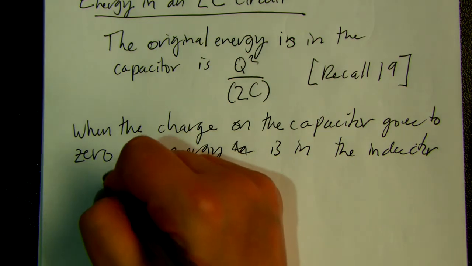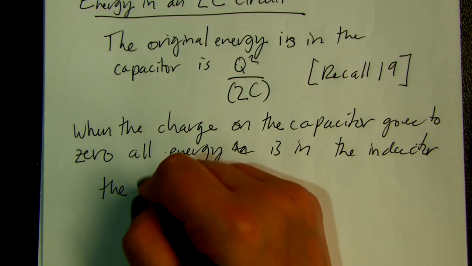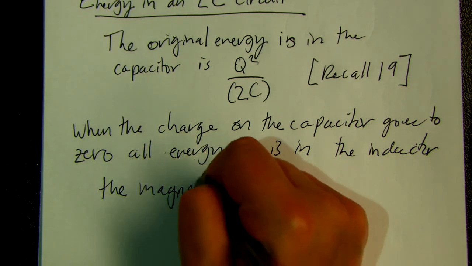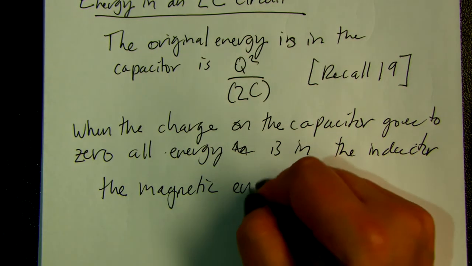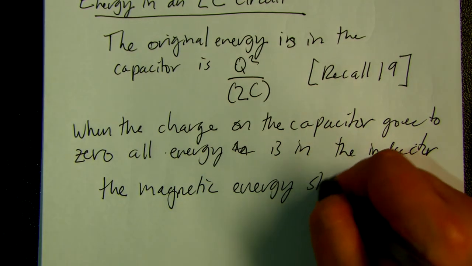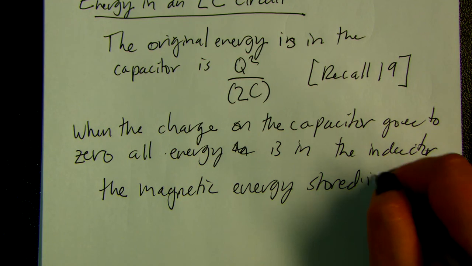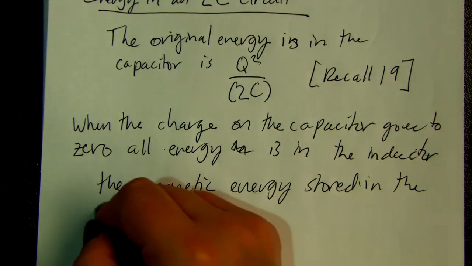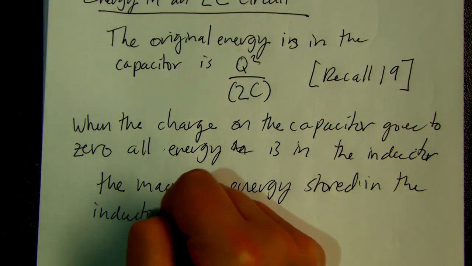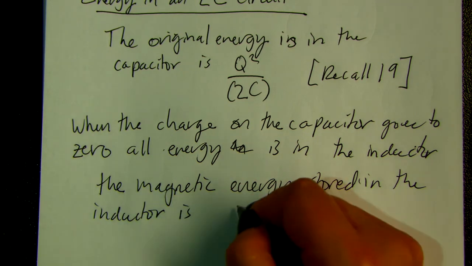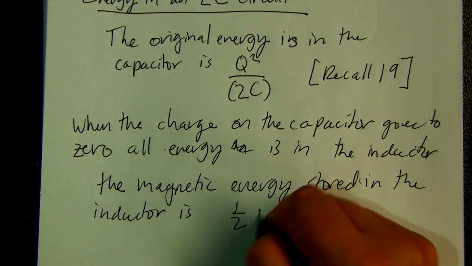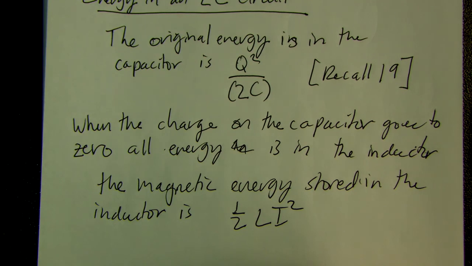And so the magnetic energy stored in the inductor is 1/2 L i squared, which we just talked about, magnetic energy.